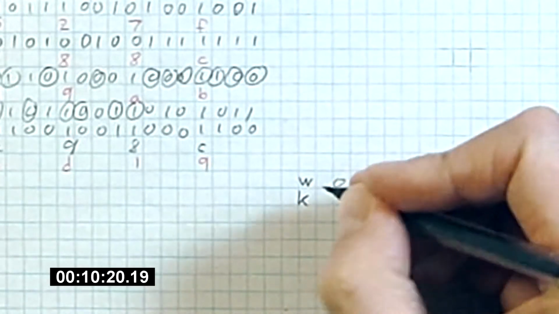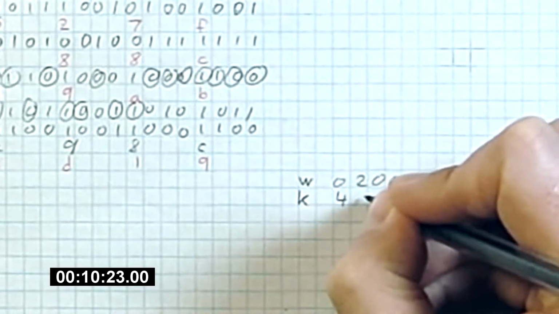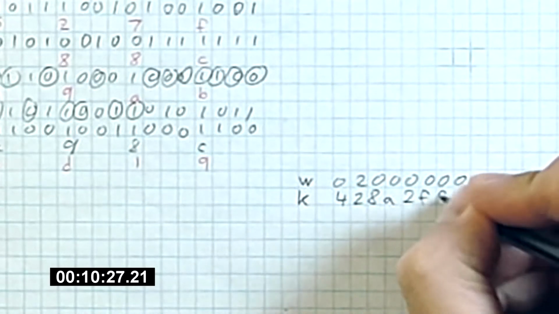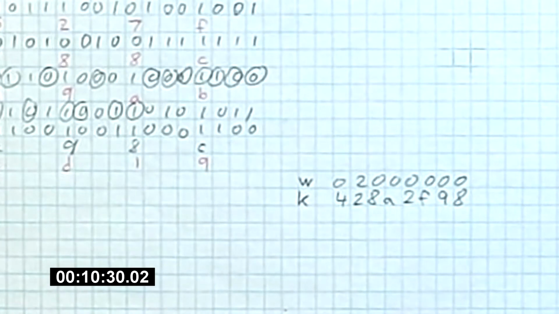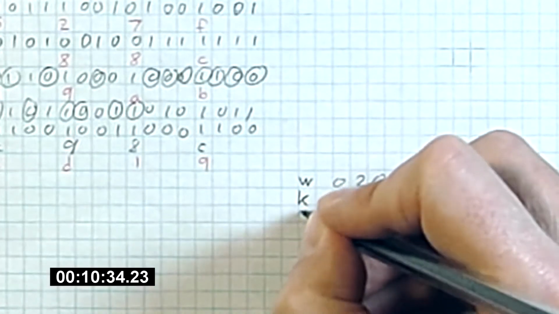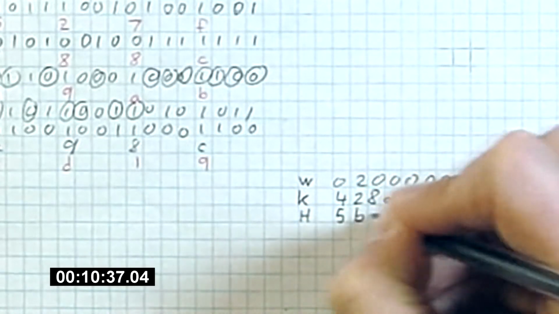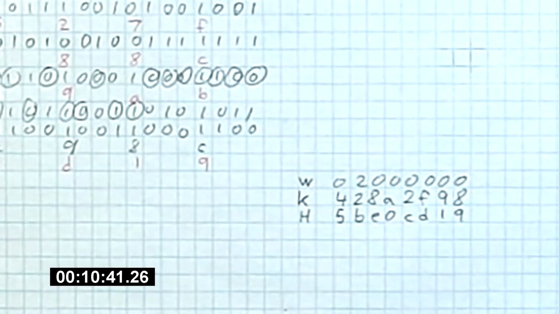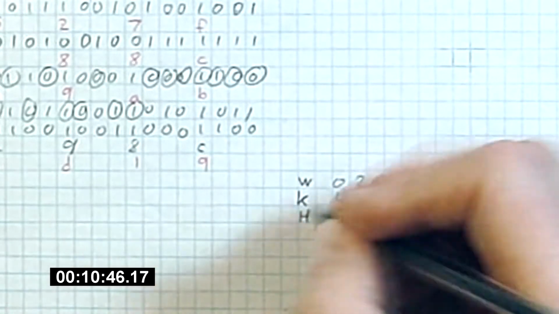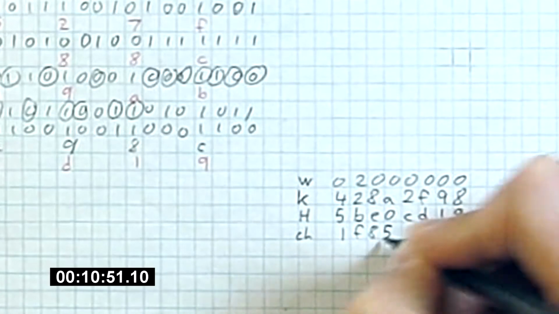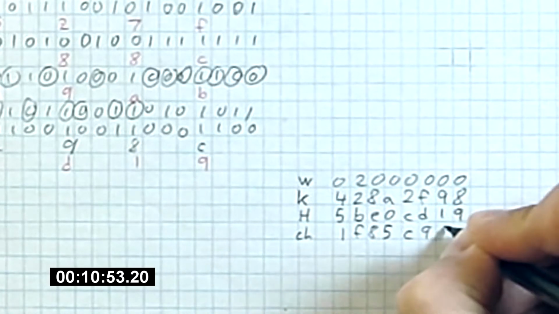Now we take another constant provided by the NSA, 428A, 2F98, and we take our value H, which is just the same value we started with, unchanged, 5BE0, CD19. We take our choice value we computed earlier up here, which was 1F85C98C.